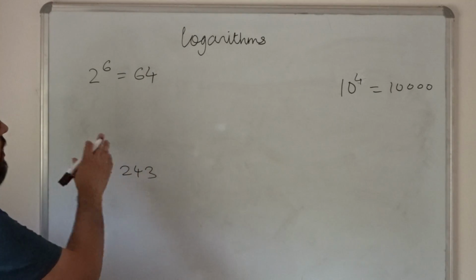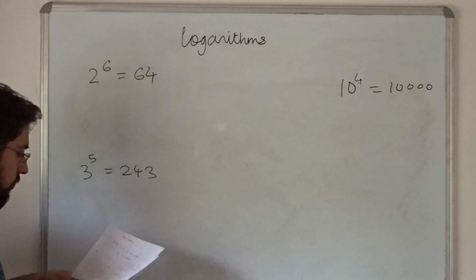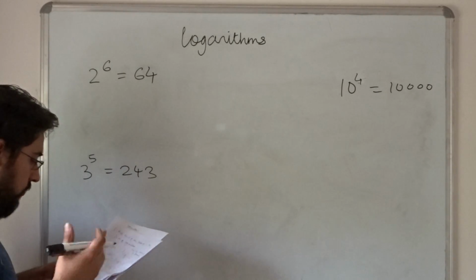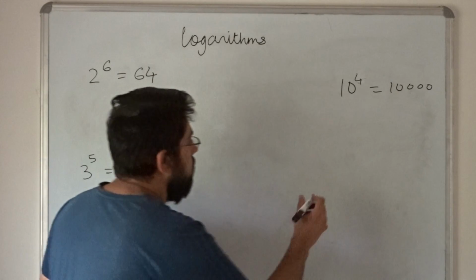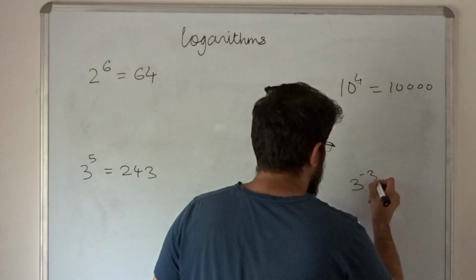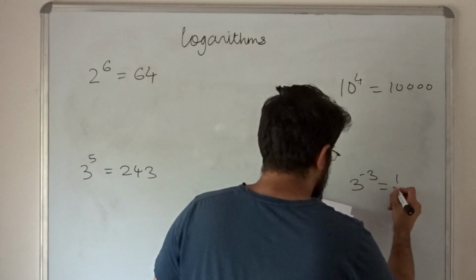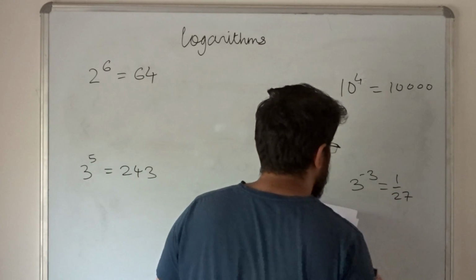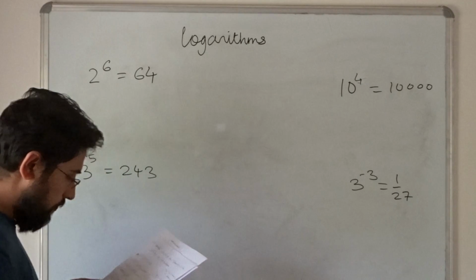So I want you to write all of them in logarithmic form. So they're in exponential form, write them in logarithmic form. 3 to the power negative 3 equals 1 upon 27.